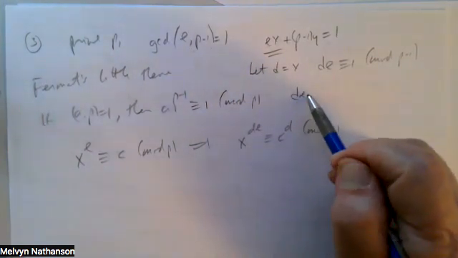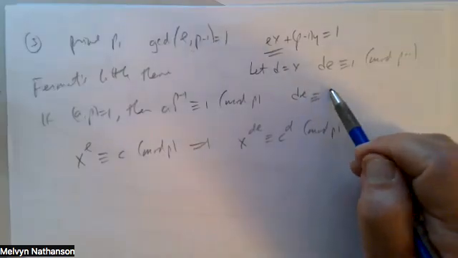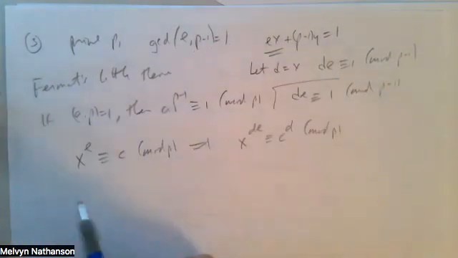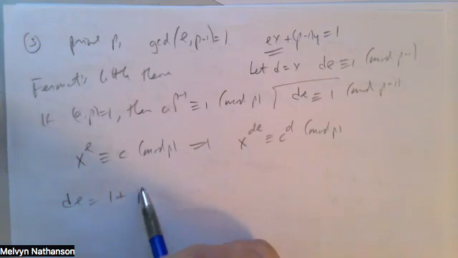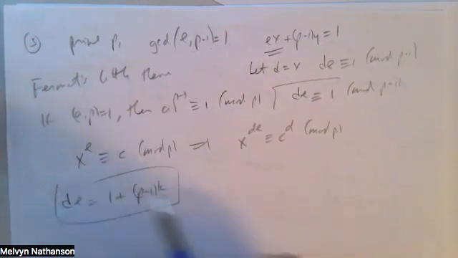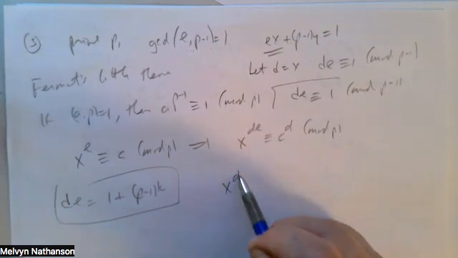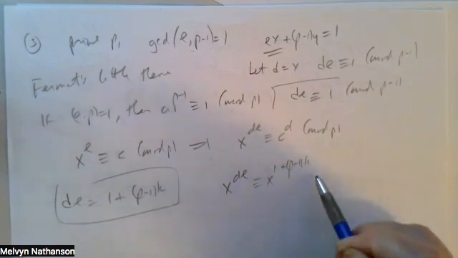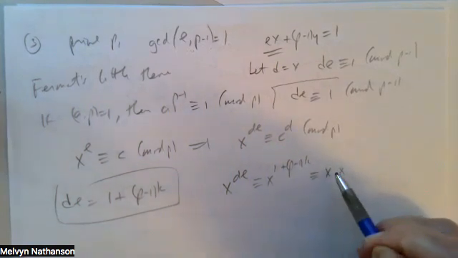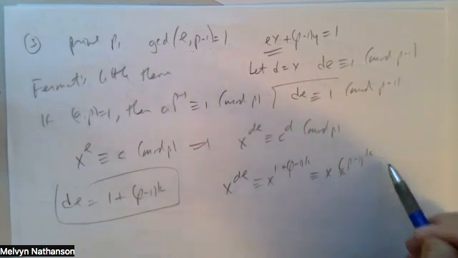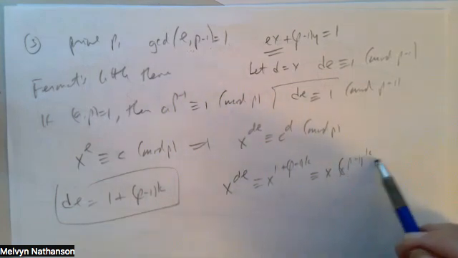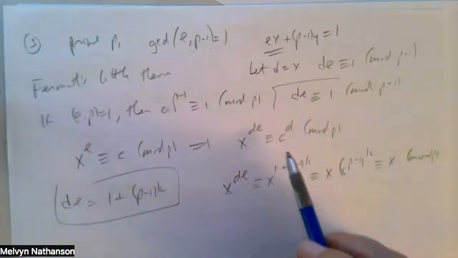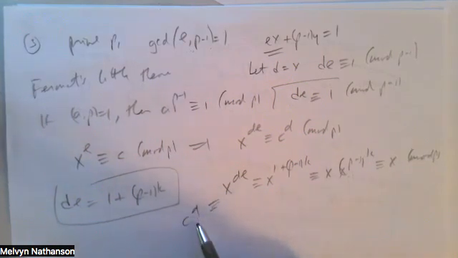But de is congruent to 1 mod p minus 1, so de is equal to 1 plus a multiple of p minus 1. So x to the de is x to the 1 plus (p minus 1) times k, which is x times (x to the p minus 1) to the k, but x to the p minus 1 is 1, so this is congruent to x mod p, and is congruent to c to the d.